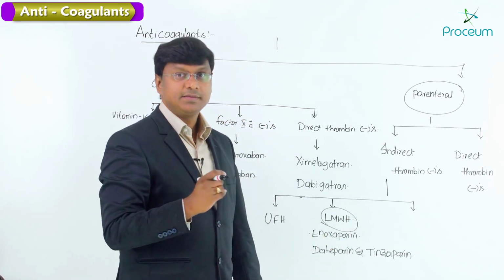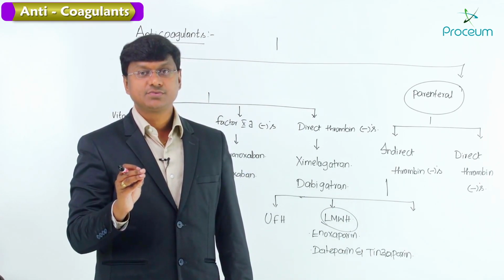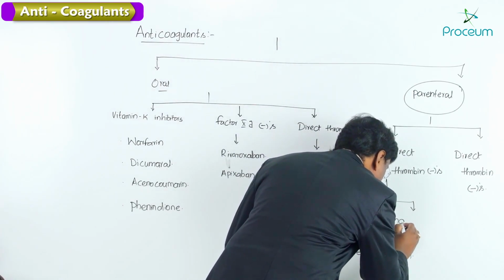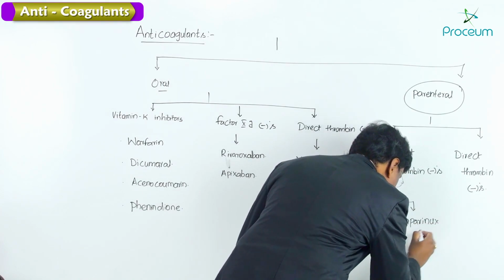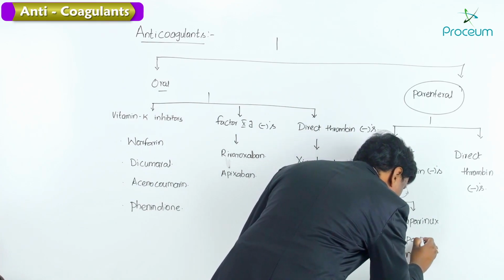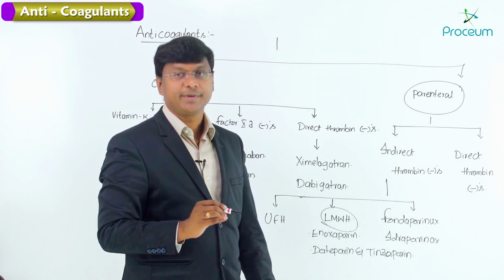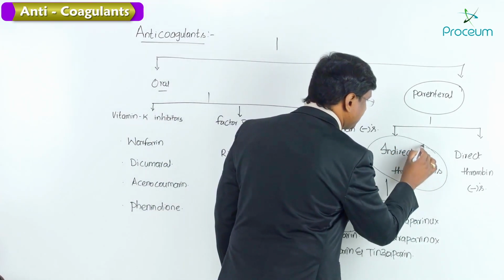And another important group of indirect thrombin inhibitors are fondaparinux and idraparinux. So these are the parenteral indirect thrombin inhibitors.